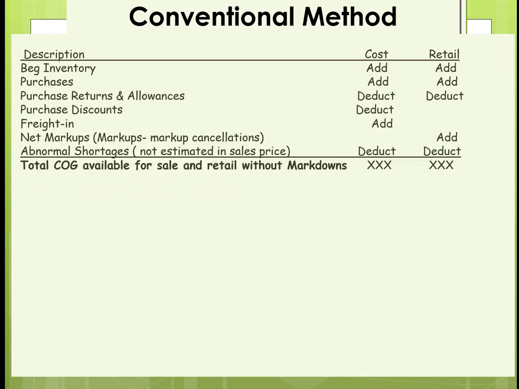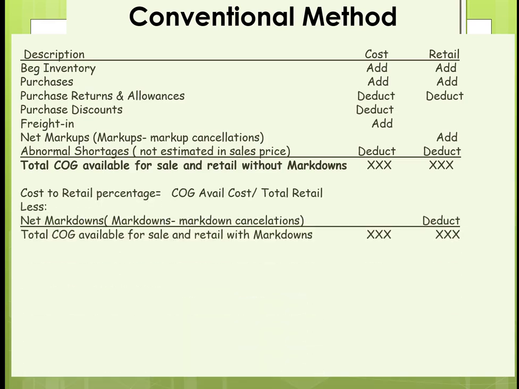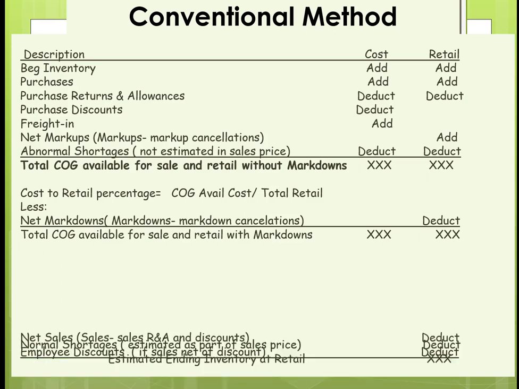We're going to take all of the same items, except we're not going to include our markdowns. So what we're going to do is stop here, and then we're going to do our percentage. Then we're going to take away our markdowns.